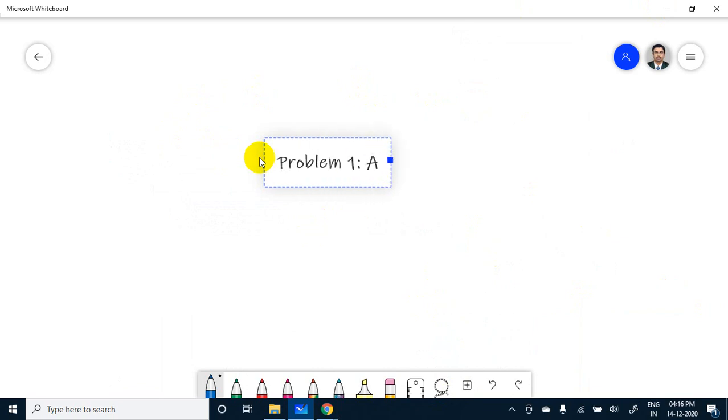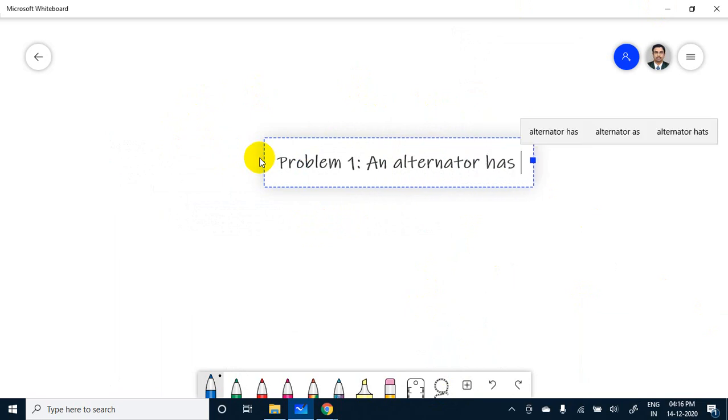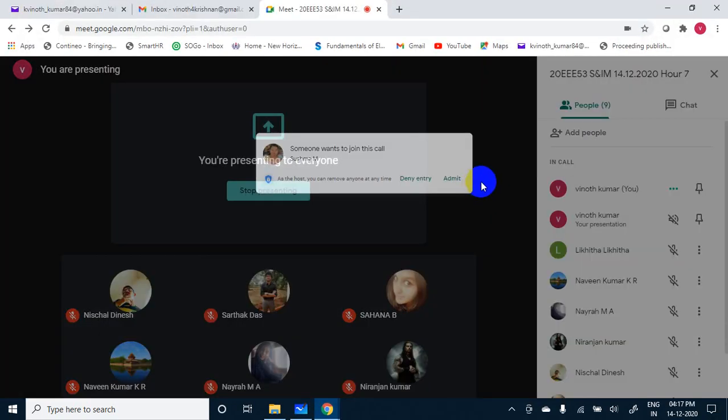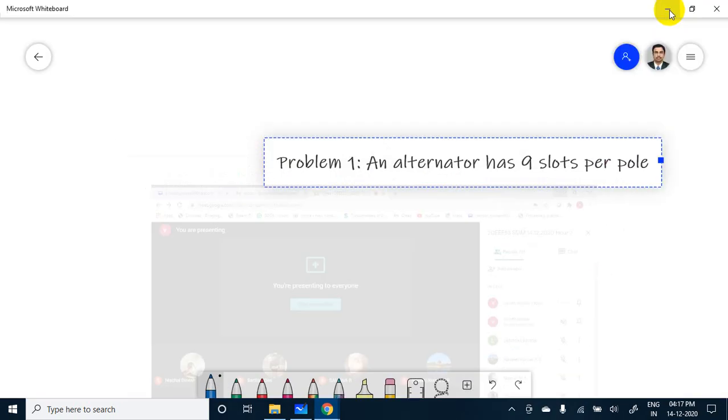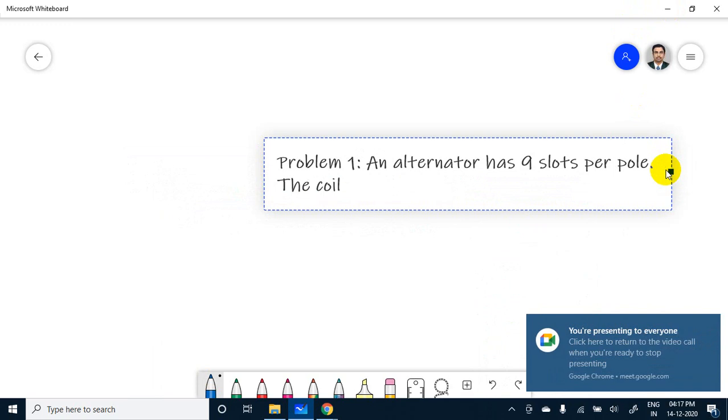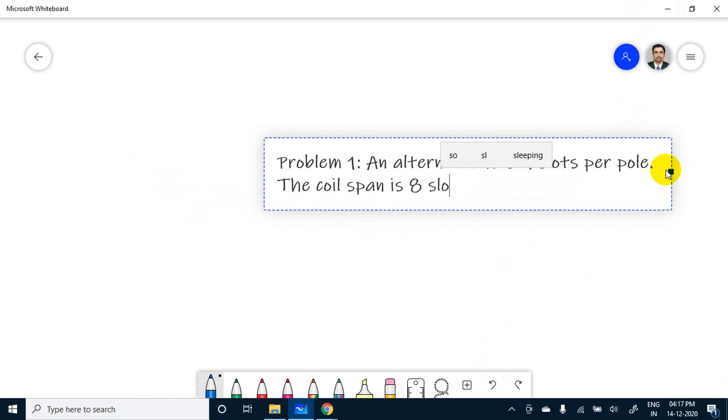Problem 1. An alternator has 9 slots per pole.